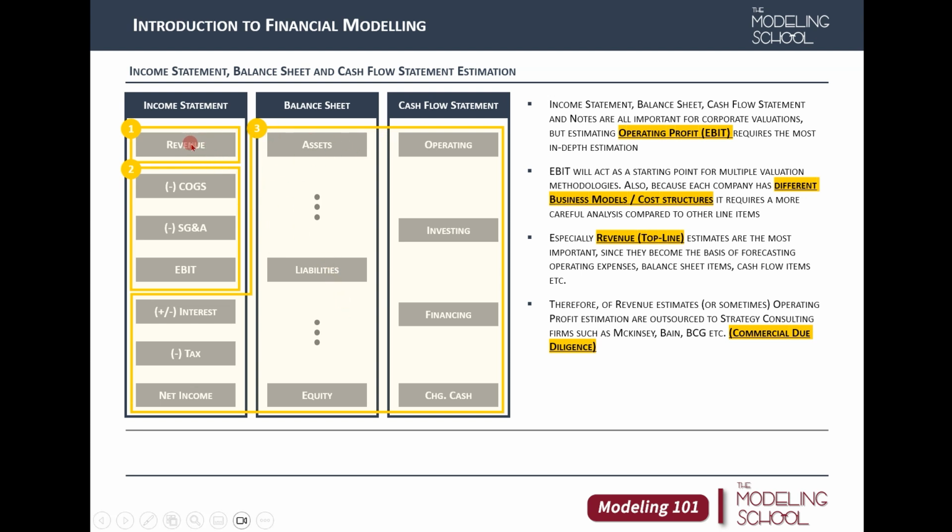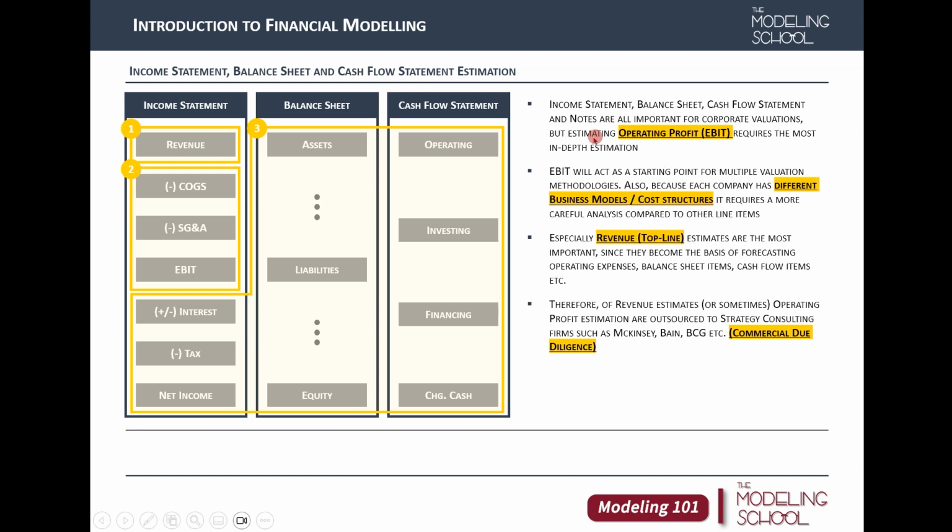So in the end, how we forecast revenue is going to impact the number 2 and number 3 areas on our PowerPoint slide. And later on, it's going to impact our free cash flow. It's going to impact our DCF analysis or other analyses on valuations.